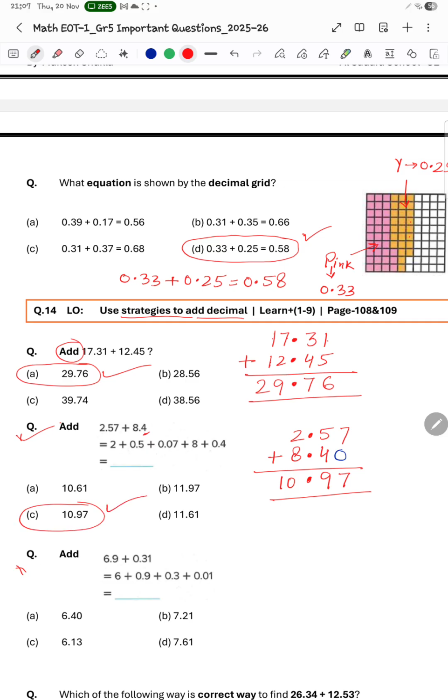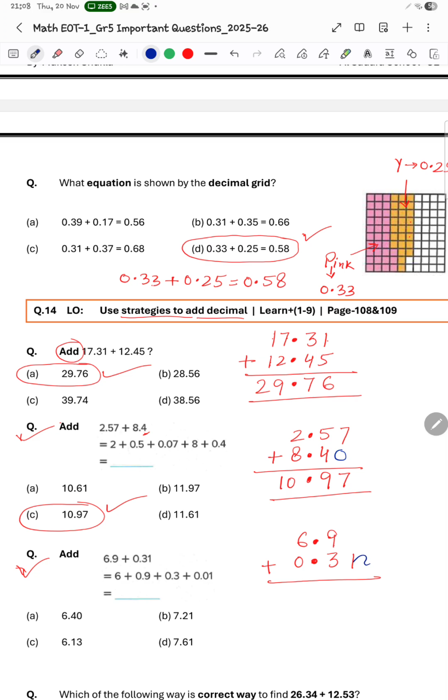Let's quickly do question number 3. Add 6.9 and 0.31. Now look here carefully. I always put the decimal point one below the other. This is the rule. If you are adding decimals, always remember the decimal point must be lined up, and it has to be one below the other.